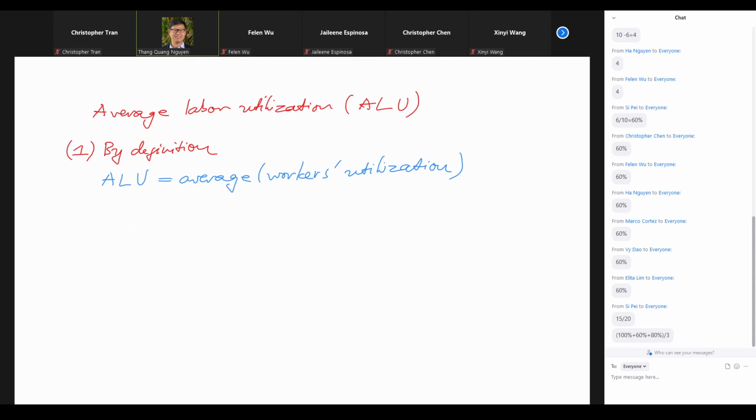I got the first answer from C. And of course, I would like everybody to think about how to calculate that average labor utilization, or the average workers utilization. How would you calculate it?